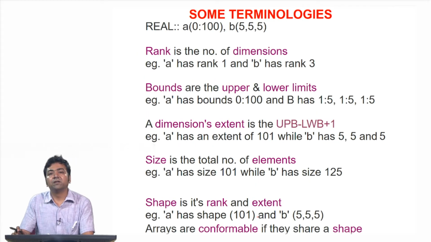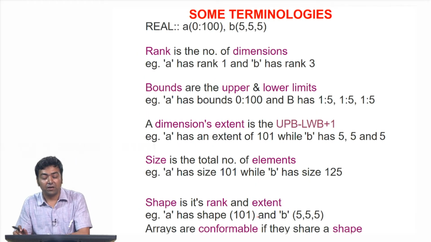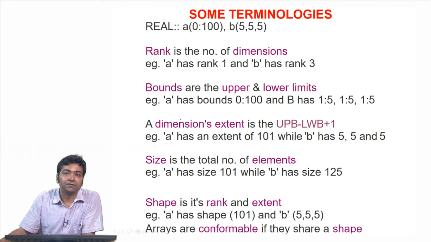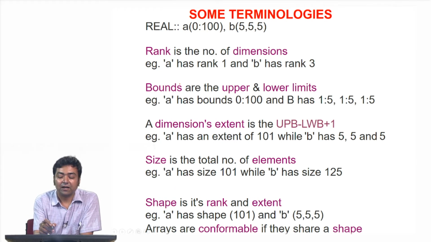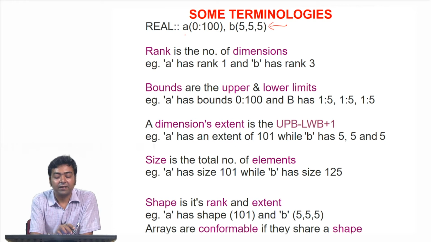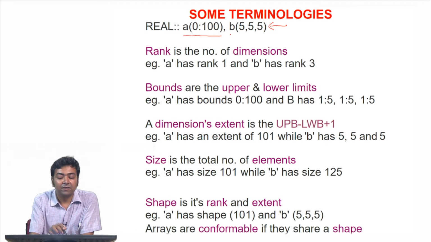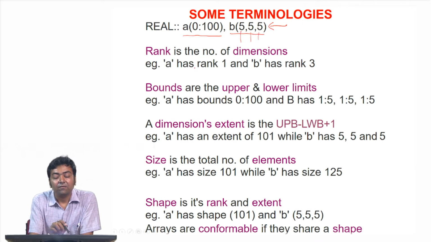There is some terminology associated with arrays, so let us look at these and start with this particular example. Here, in this line, I have two array declarations. One is A, which has just one set of indices going from 0 to 100, and another is B, which has three sets of indices, each of which goes from 1 to 5.